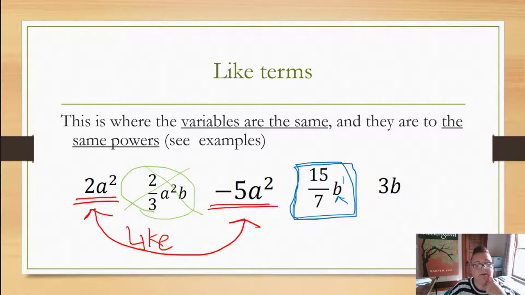This one is an a squared and a b. I need just a b, so this is not like. Since the 2a squared wasn't like, the minus 5a squared would not be. I'm looking for just a b, and I have that right here with the 3b. So these two are also like terms.